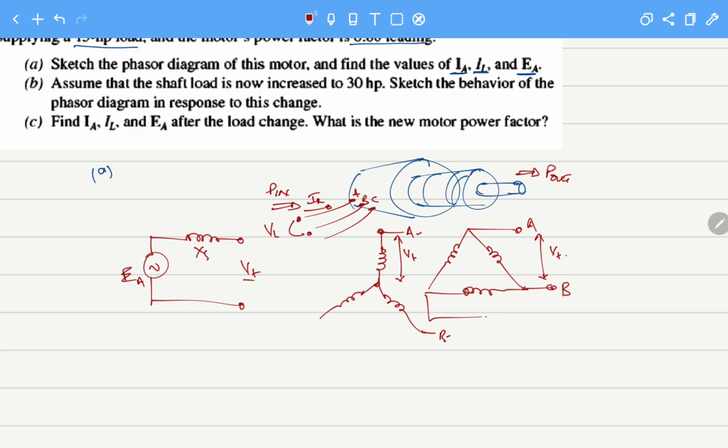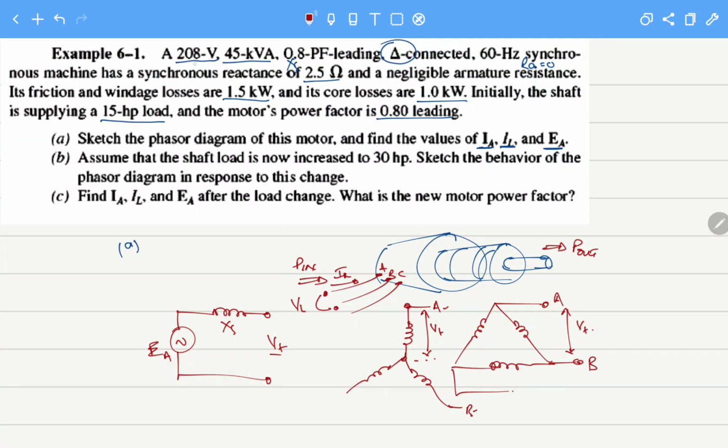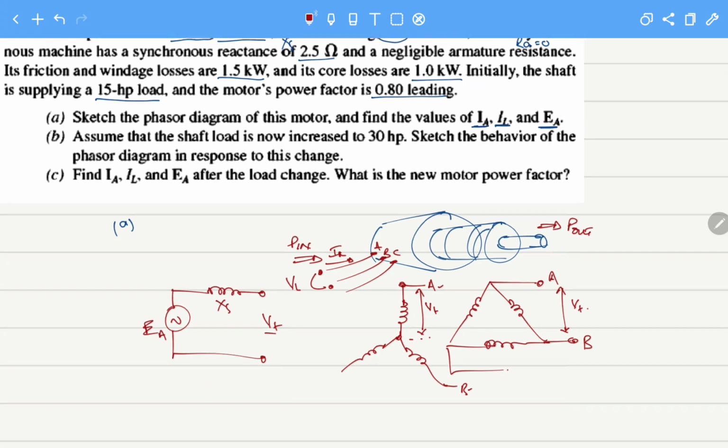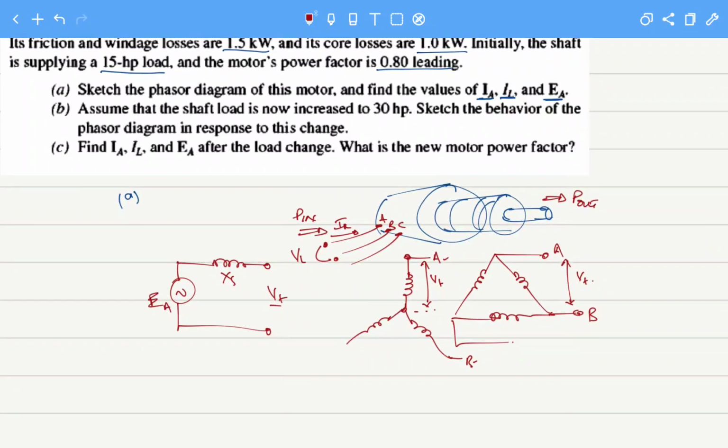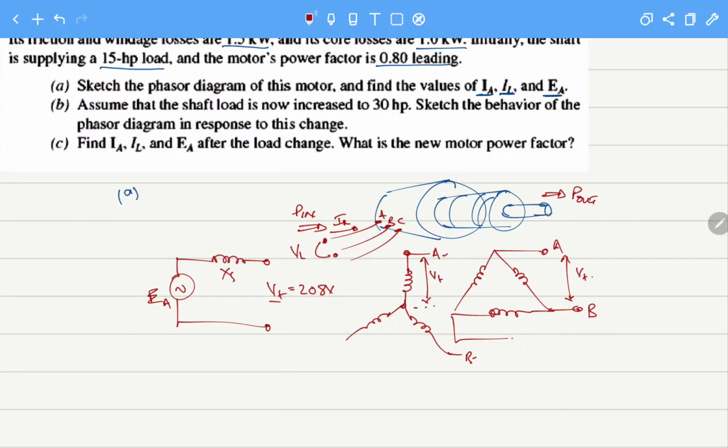So for delta connected this becomes Vt, and in this case it is 208 volts. So the terminal voltage for our machine is 208 volts, and it is also the voltage for the per phase equivalent circuit. Now let's look at what about the current. When we are talking about the current for a Y connected machine, the phase current is actually also the line current.